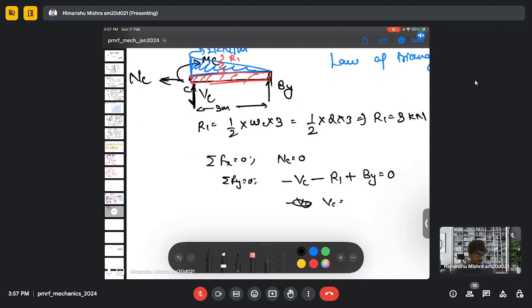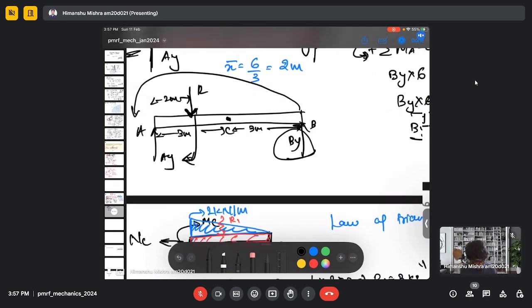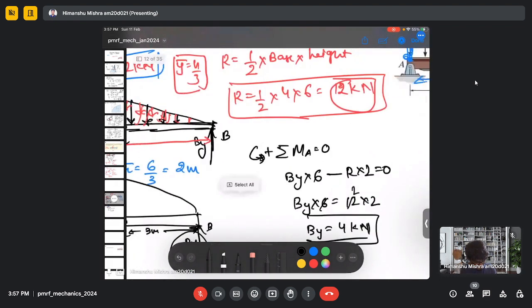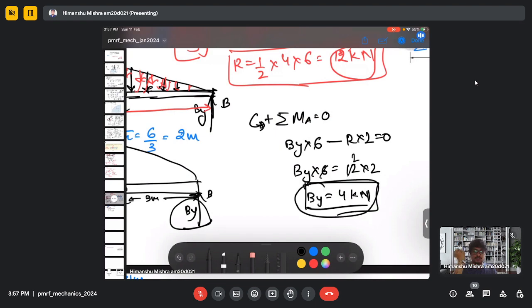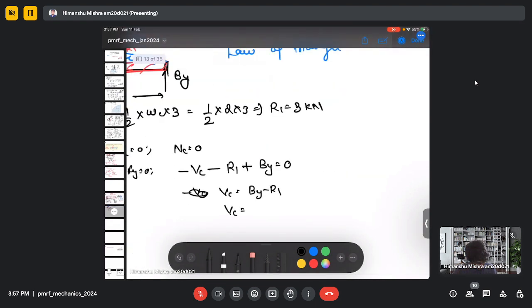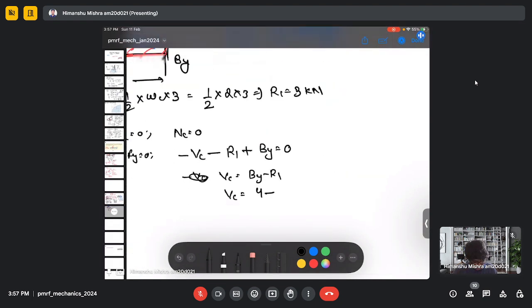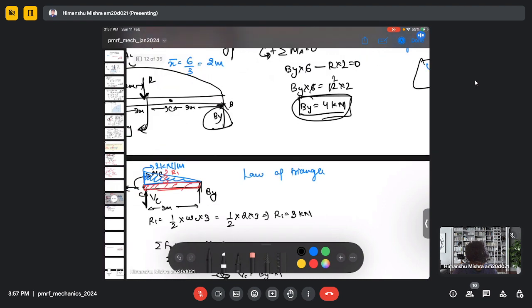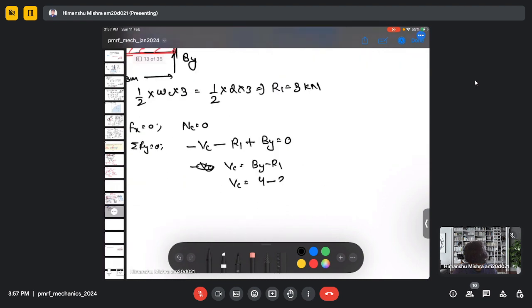So my Vc will be By minus R1, and in By we got 4 kilonewton minus R1. R1 is 3. So my Vc is 1 kilonewton.